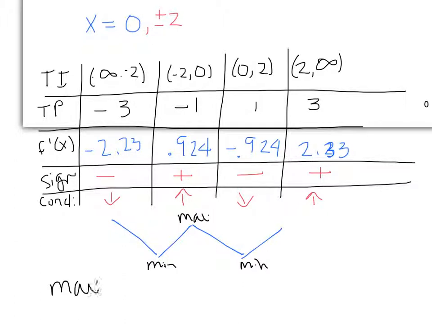So my max is going to occur when x is equal to 0, and my min is going to occur when x is equal to plus or minus 2. So this is going to include the notes on 3-3.